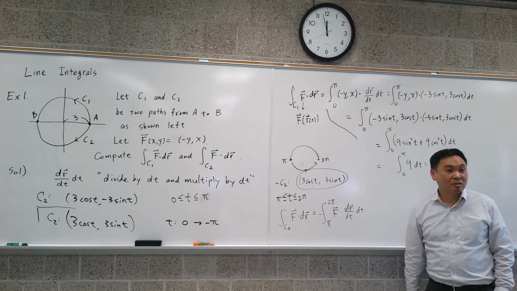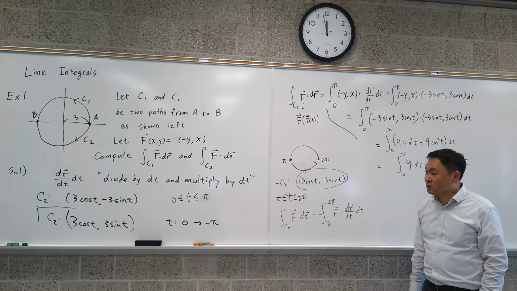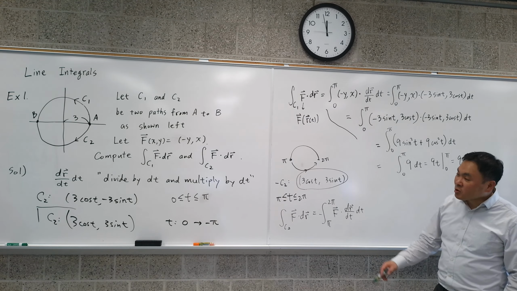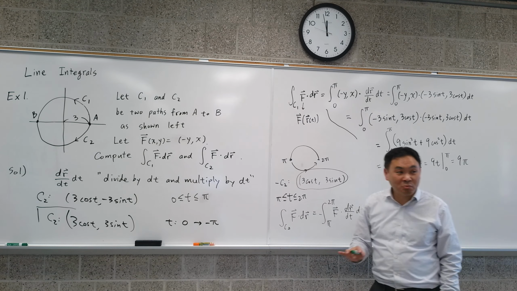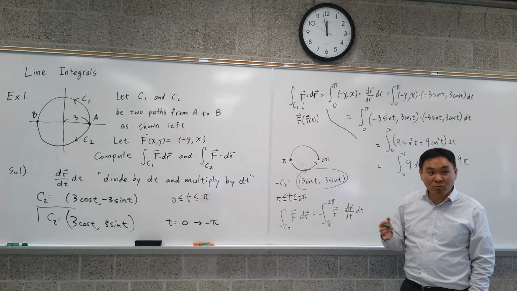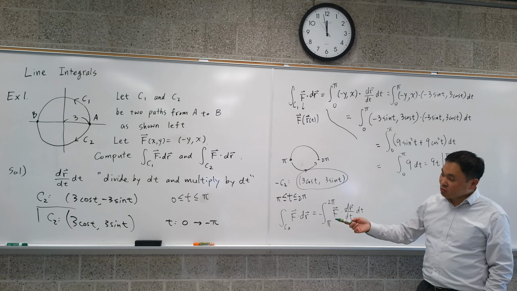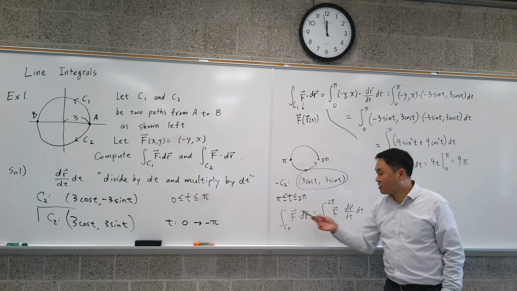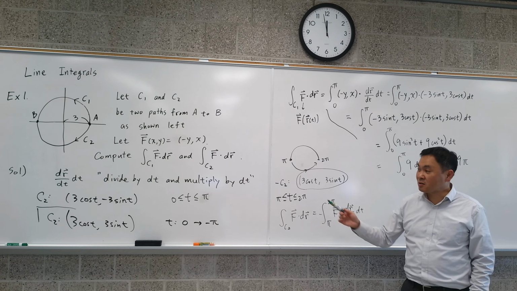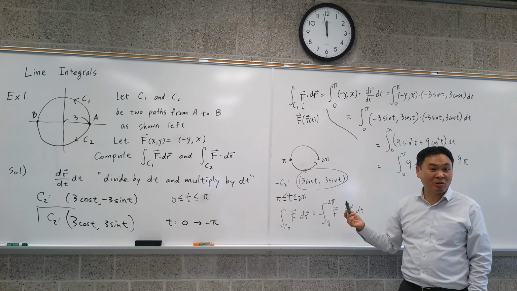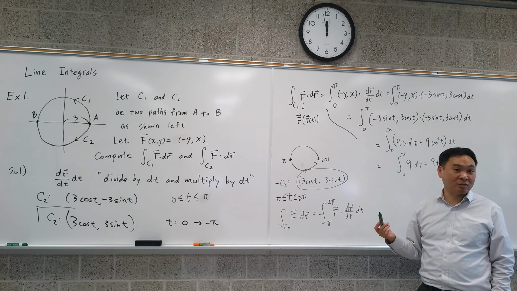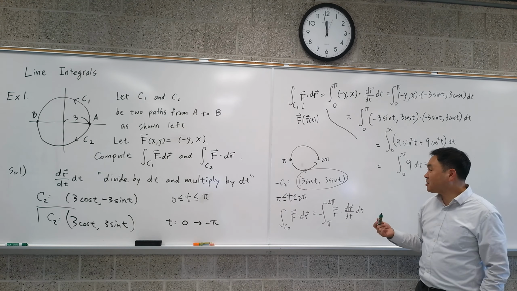That's still another possibility. I'm only going to do the first one, but when you're reviewing this later, you should really try to do this one and get that all 3 different parametrizations give you the same exact answer. And then there's plenty more.